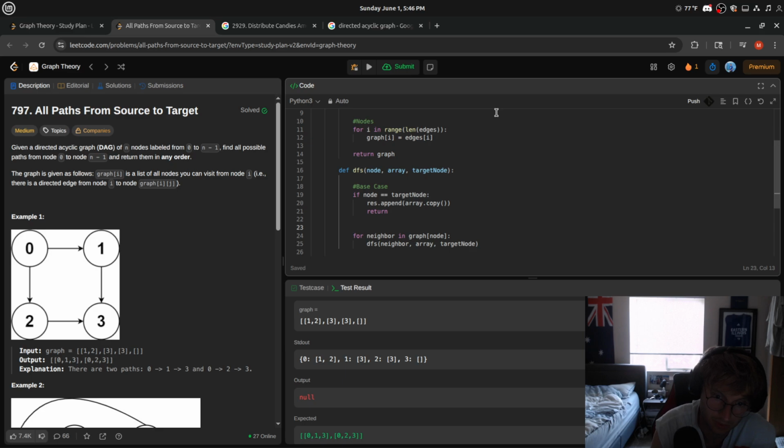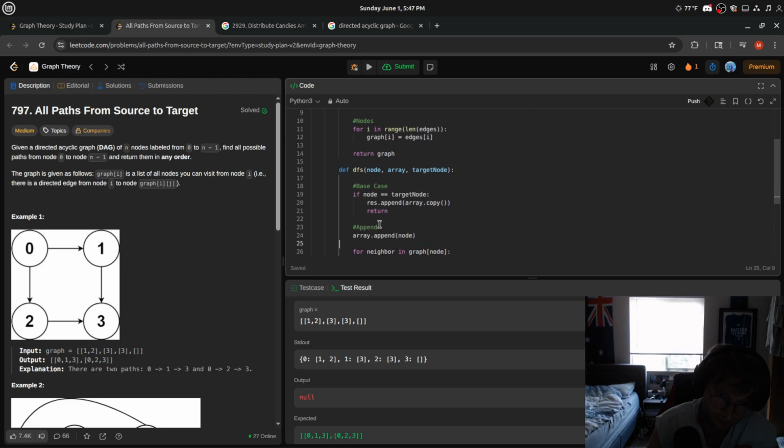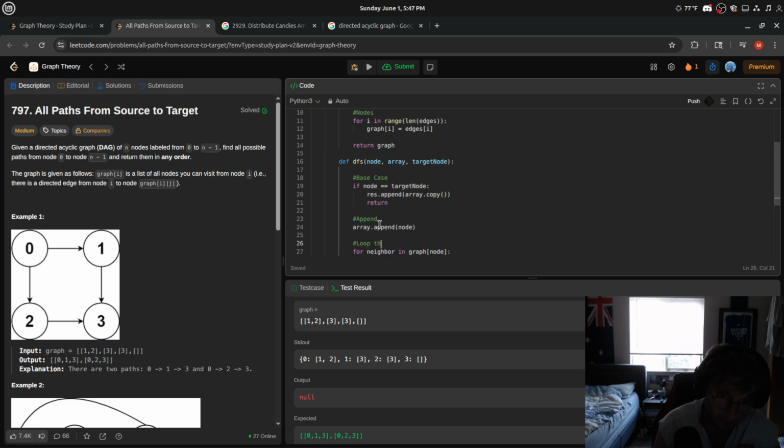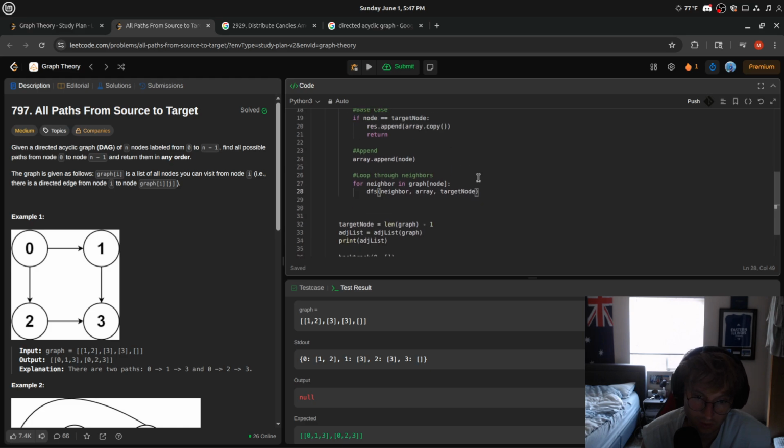Okay, we probably want to append here, so let's do array.append node. We append, loop through neighbors. Okay, do that. I think that should work.